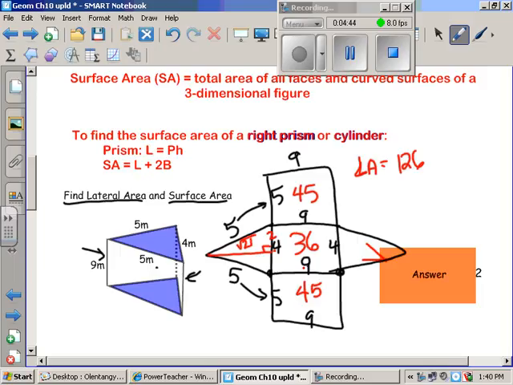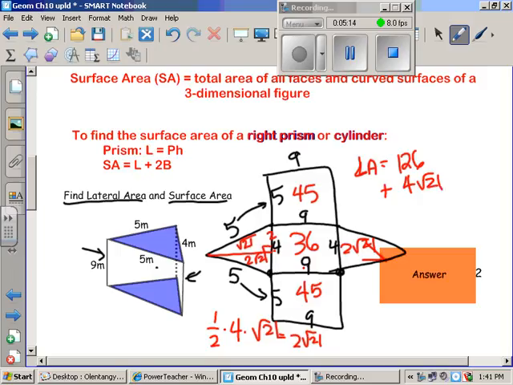So 1/2 times base times height, 1/2 times 4 times the square root of 21, is 2 square root of 21. And there are 2 triangles, each 2 square root of 21. Add them together, and I get 4 square root of 21.